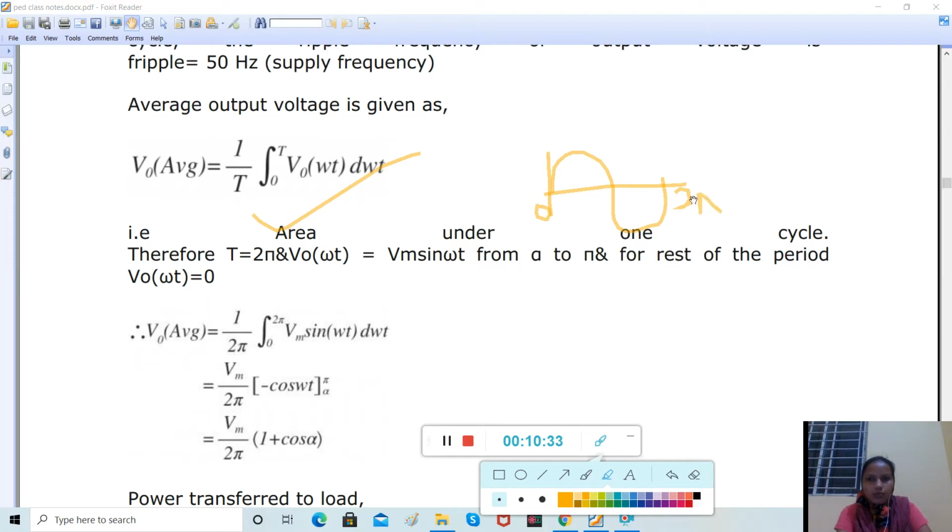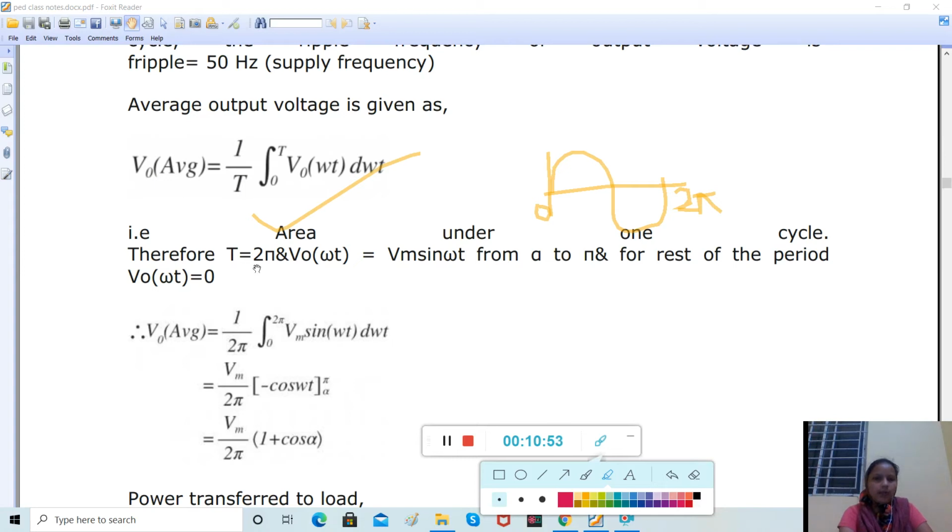So in one cycle you have one positive half cycle and another negative half cycle. So here T is 0 to 2 pi.